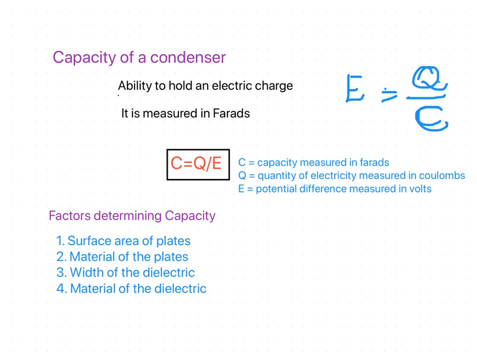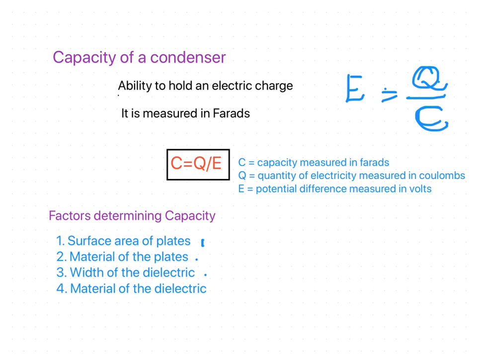So what are the factors which increase the capacity of a condenser? Now we will see. The capacity of a condenser depends on the surface area of the plates, material of the plates, width of the dielectric and material of the dielectric.